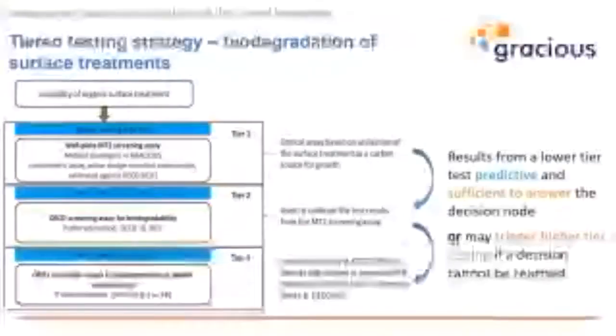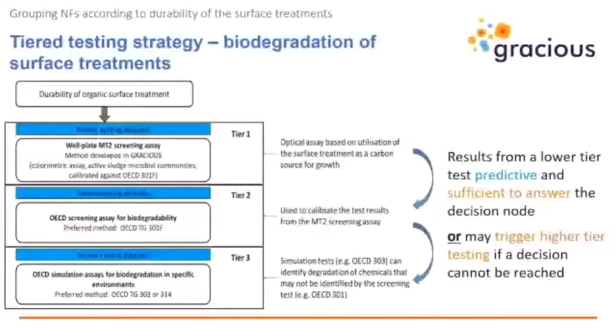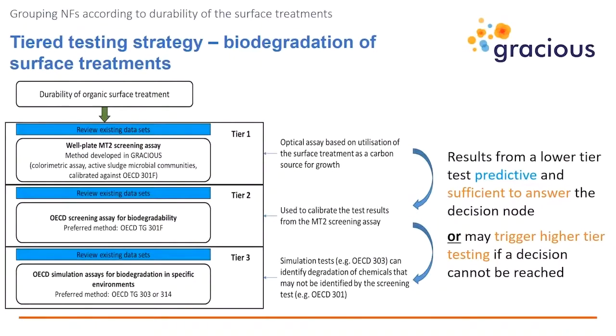So for this hypothesis at UKCH, we have developed a tiered testing strategy to answer this question over whether the surface treatment is biodegradable. Now, to do this, we've optimized and adapted a well plate-based MT2 screening assay that can screen for whether the surface treatment chemicals are biodegradable.